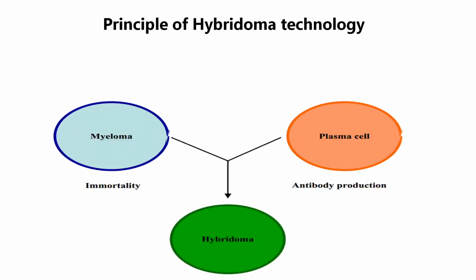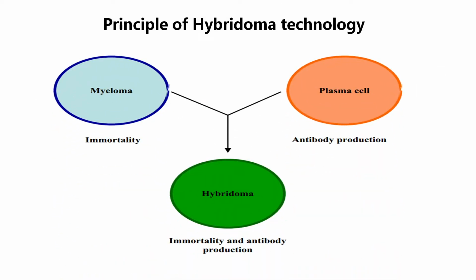So what technique did they develop? They selected a myeloma cell, or a cancerous cell. The basic characteristic of a cancerous cell is its immortality. It does not die, and even after unlimited cell divisions it still continues dividing, whereas normal cells are all mortal cells. Usually after about 50 cell divisions, our cells tend to undergo apoptosis.